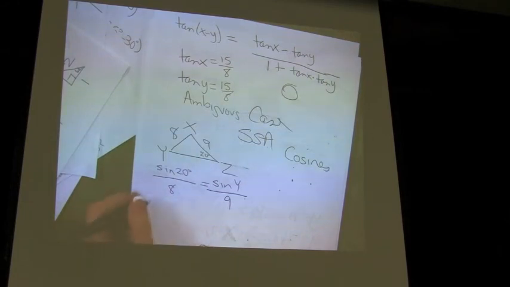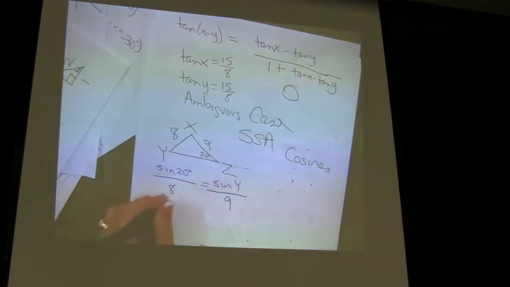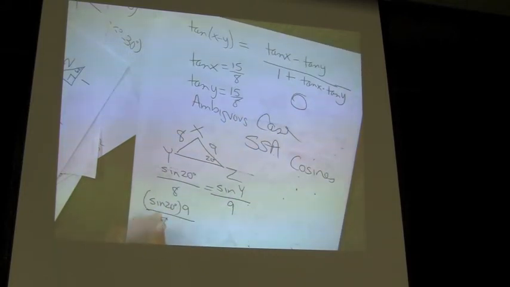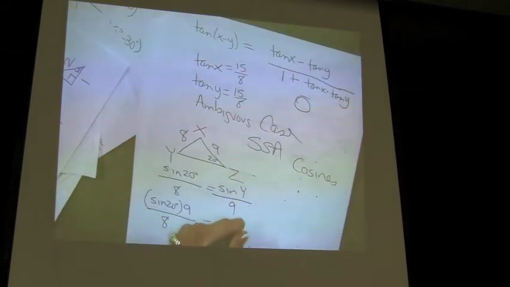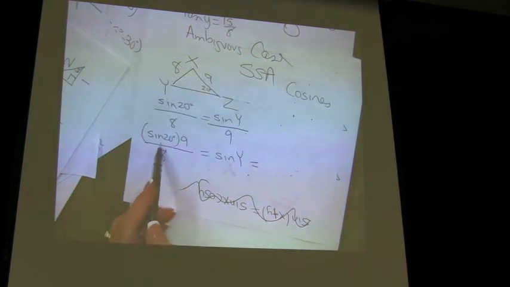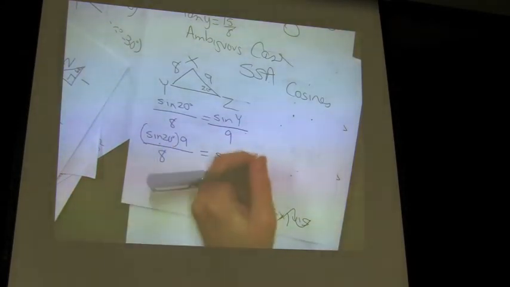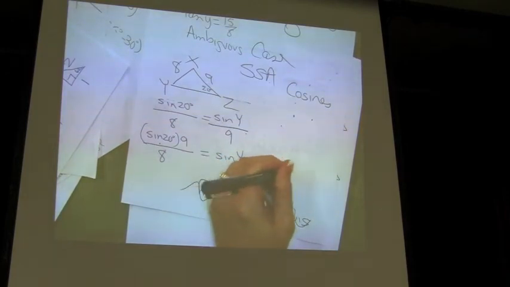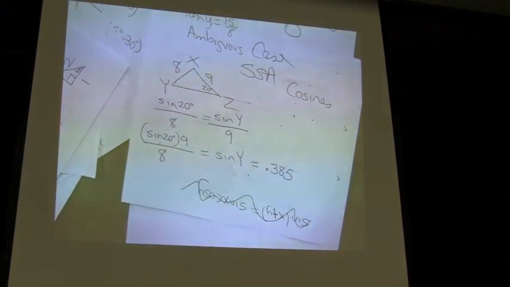And on my calculator, I would take sine of 20, times it by 9, and divide it by 8. And somebody tell me what that is. 0.384772661. Okay, so 0.385, let's just say.